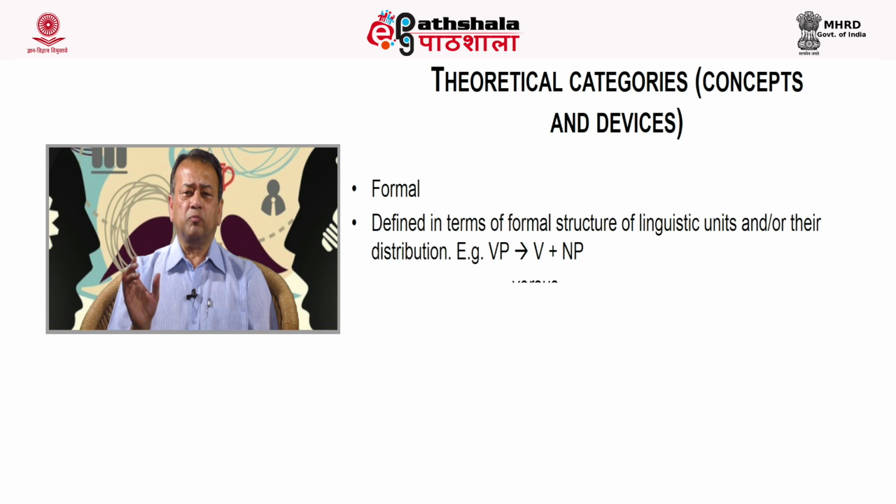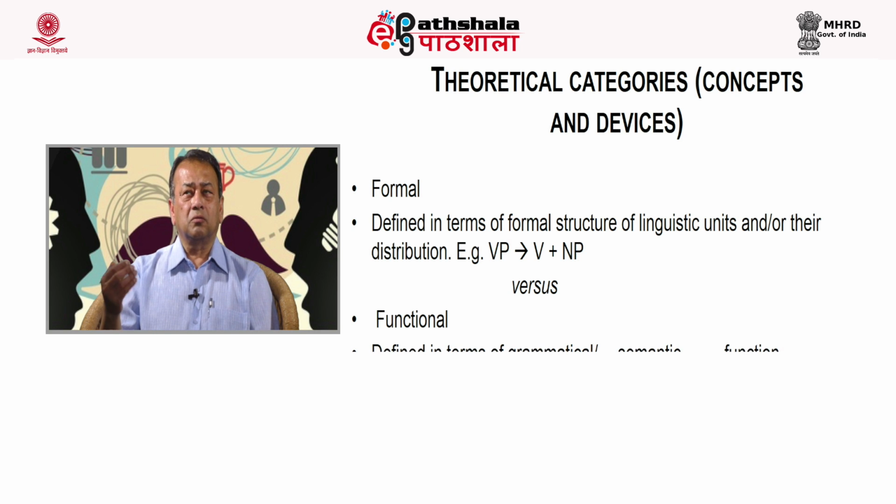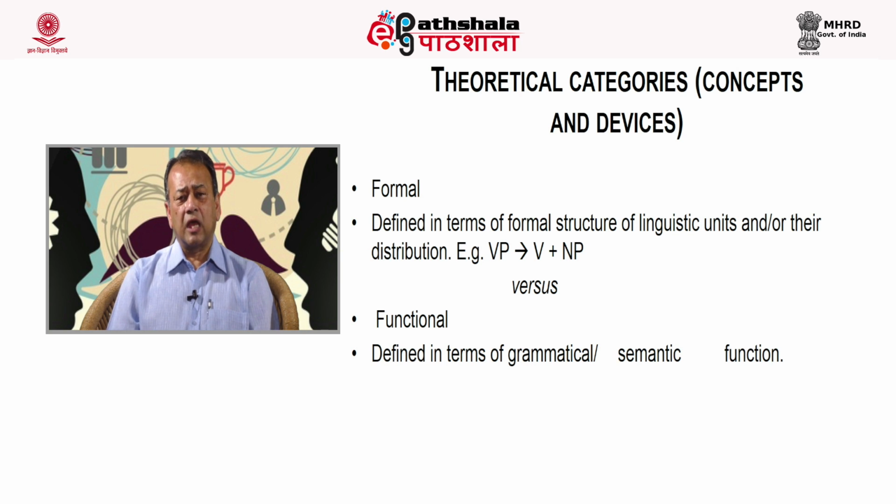So we have V preceding and NP following, and if it is an intransitive verb VP, then the NP will be optional, and you can go on to consider data which also include other phrases like adjective phrase, adverb phrase, and then you make a statement with regard to the structure of a certain unit, of a certain entity.